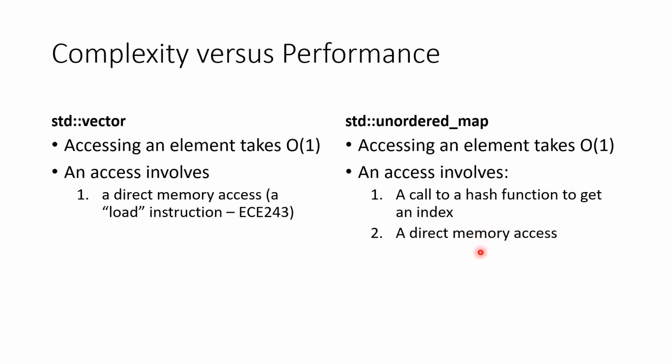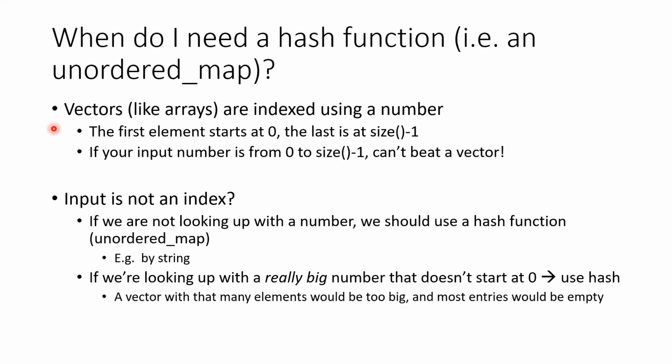So even though they're both O(1), unordered map is slightly slower than vector in terms of memory access, because the hash function takes time. So if we can choose between them, and there are no cons to using vectors, we can just use vector, which is faster in this case.